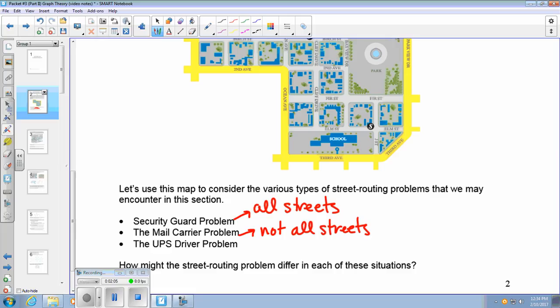There's a little bit of a difference there. Mail carrier may also have to consider whether or not going down a street once and delivering to both sides is an option, or if they have to go down the street twice to deliver to both sides. And the UPS driver doesn't have to do all streets either, as the packages they're delivering probably aren't going to all the homes and businesses in the area.